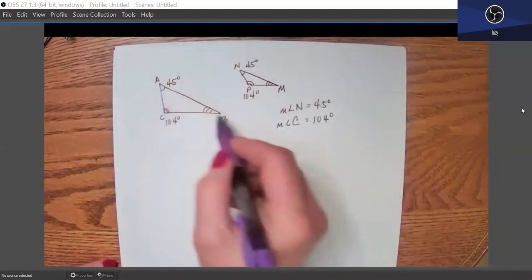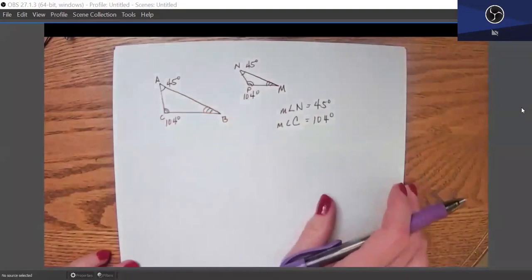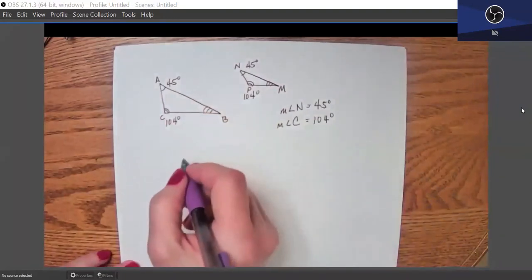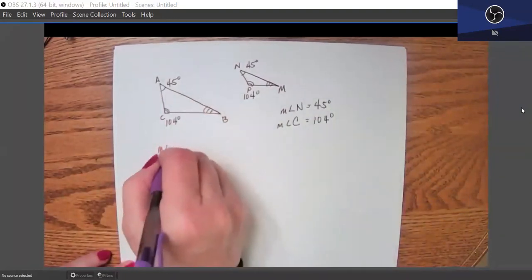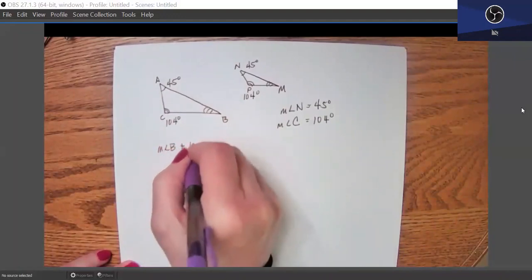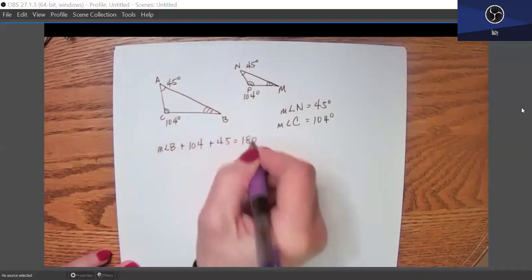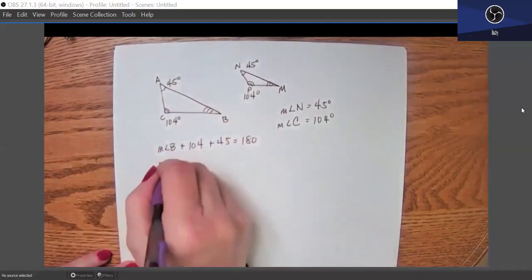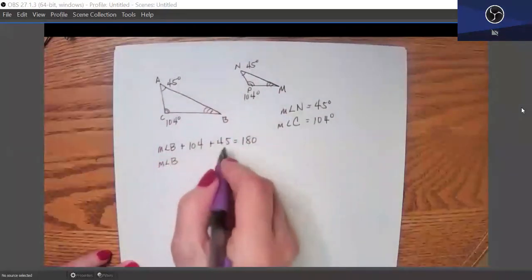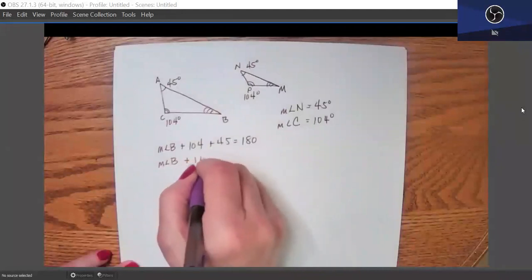Well, since the sum of all the angles in a triangle will always be 180, we'll say the measure of angle B plus 104 plus 45 has to equal 180. So the measure of angle B, 104 and 45 is 149.